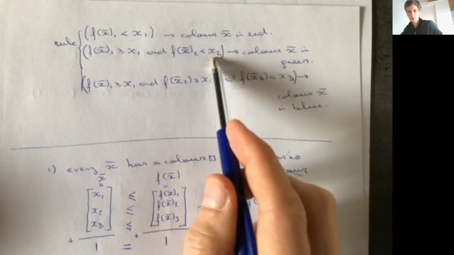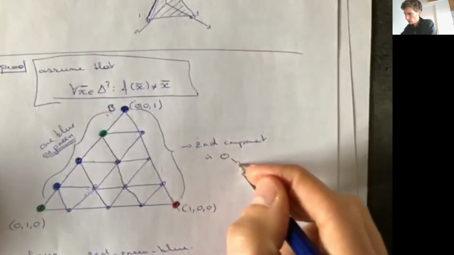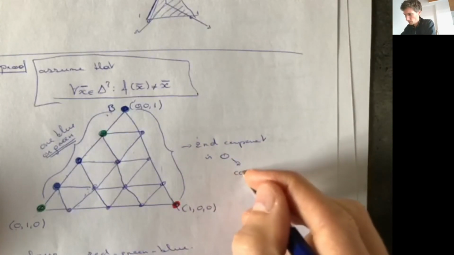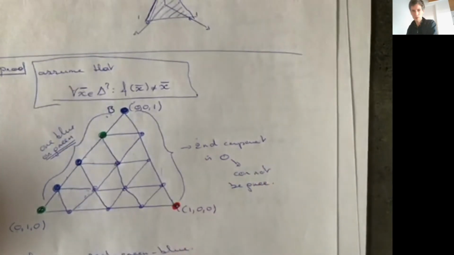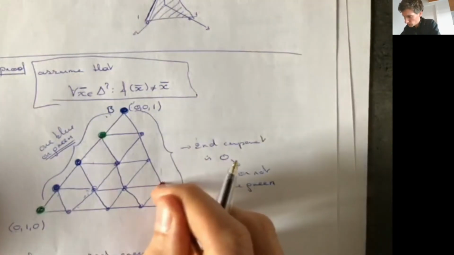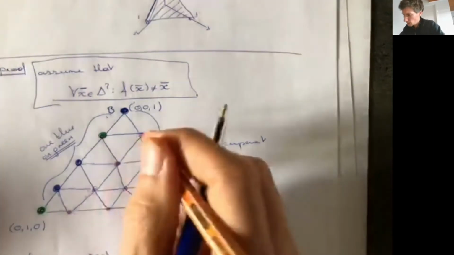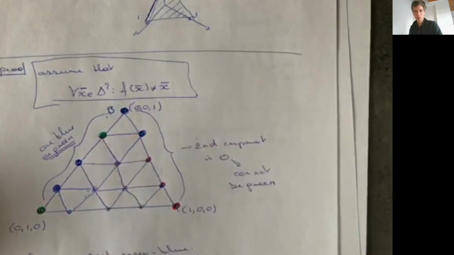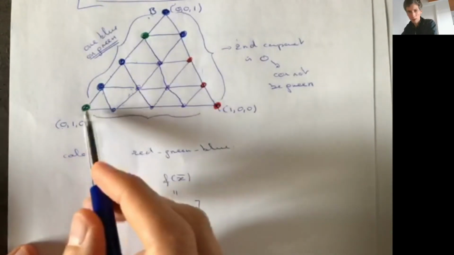But if this is already 0, this condition can never hold. So these here cannot be green. They have to be either red or blue. For example, let me take this one red, and then maybe the last one blue.